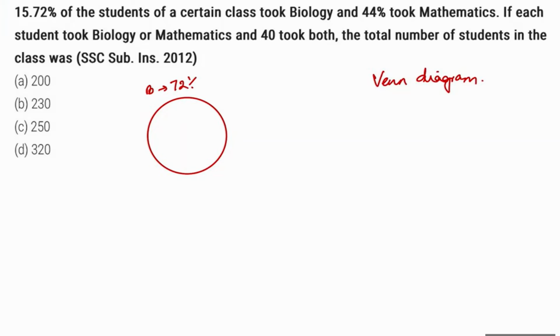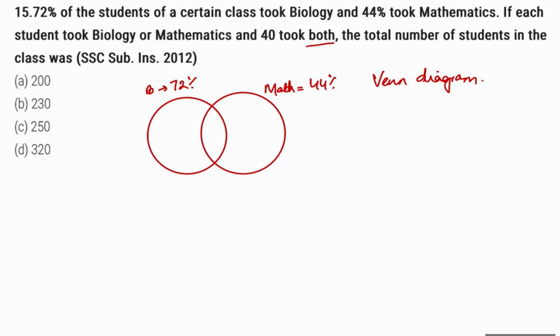Both take, the circles intersect. Let's say math lots of percentage, 44%. 72 is biology and 44 is maths.